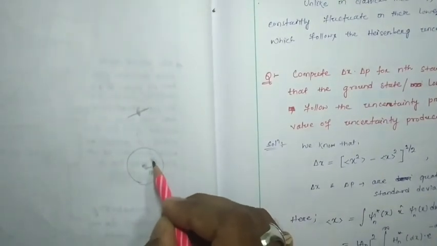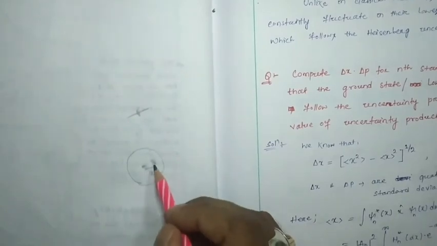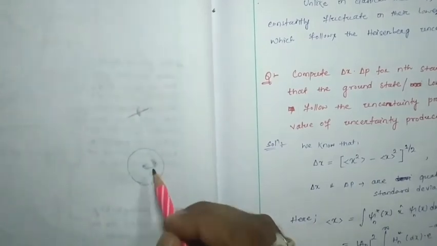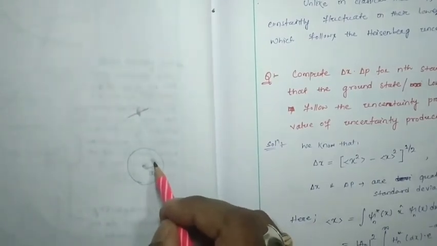It will be the maximum probability density. But even at the minimum energy state, the electron also fluctuates along this way. It will not be at a steady state.